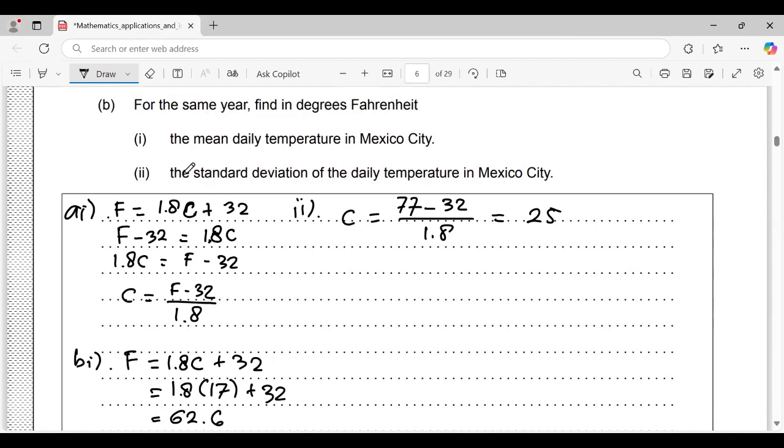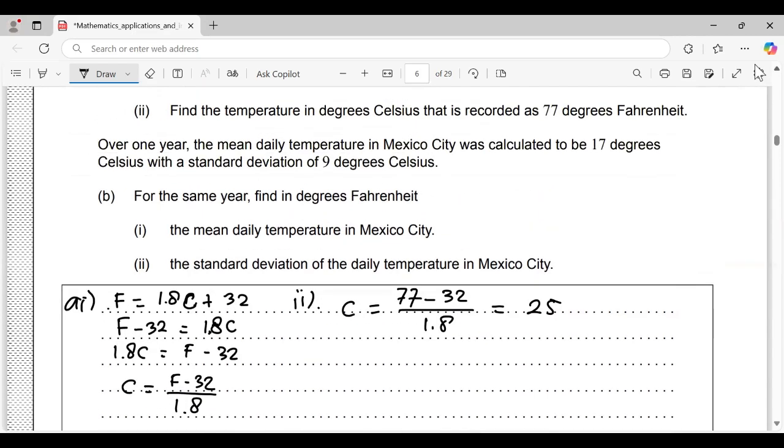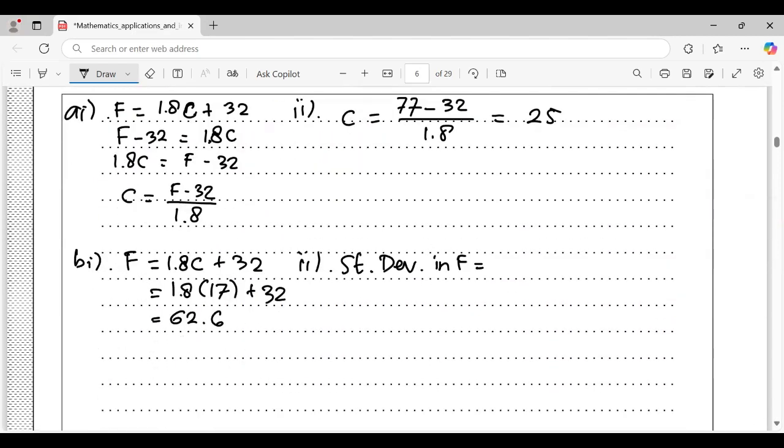For the same year, find the standard deviation of the daily temperature in Mexico City, right? So part two, the standard deviation in Fahrenheit equals, I'm going to check, this one, 1.8 of the standard deviation in Celsius.